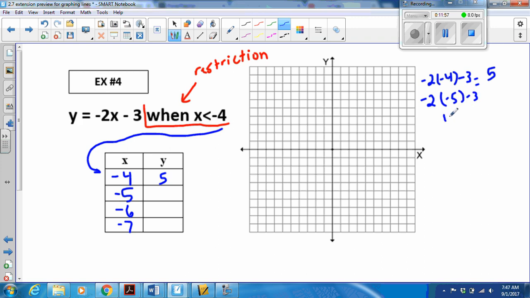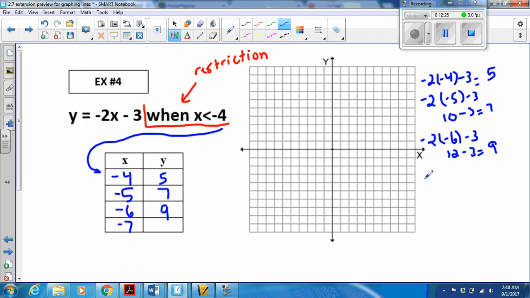So we get a positive 10 minus 3 when we do this, which should give us 7. Okay, then we plug in negative 6. We do negative 2 times negative 6 minus 3. Now, negative 2 times negative 6 gives us a positive 12. Remember, two negatives make a positive. And so when we do 12 minus 3, we should get 9.